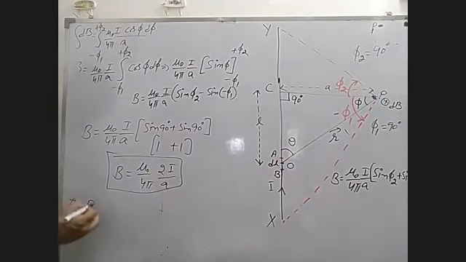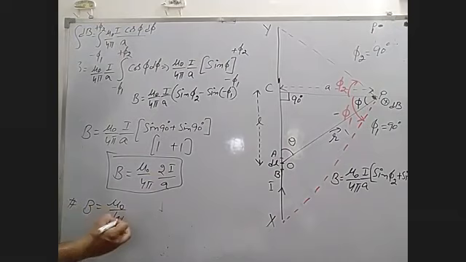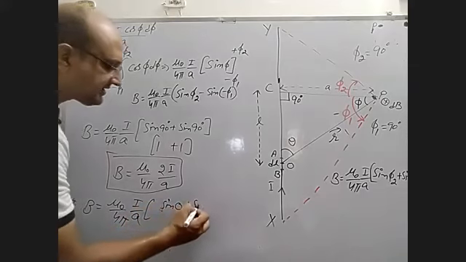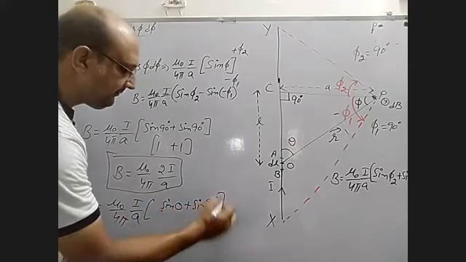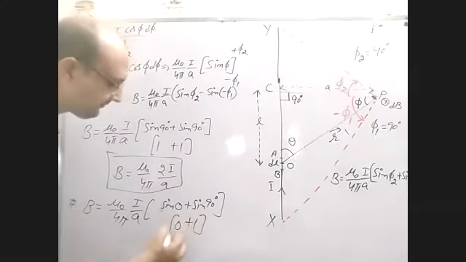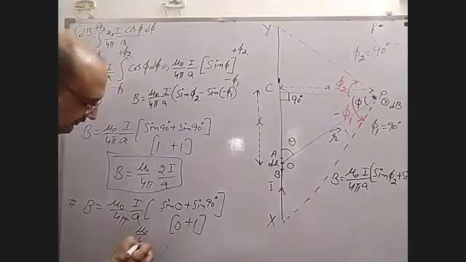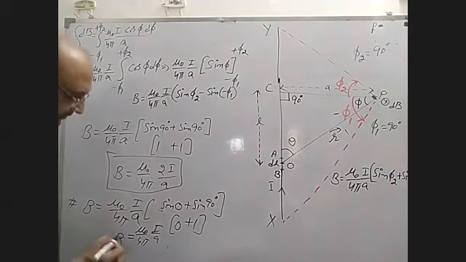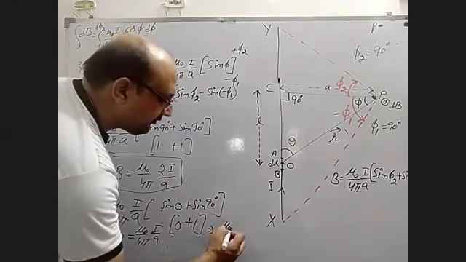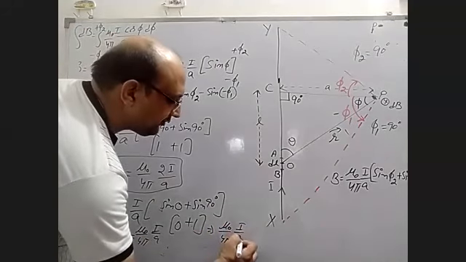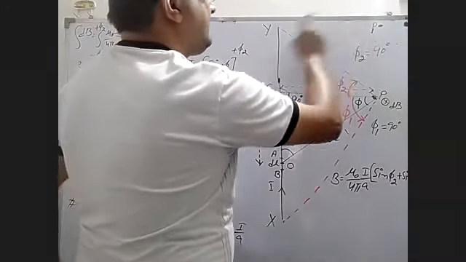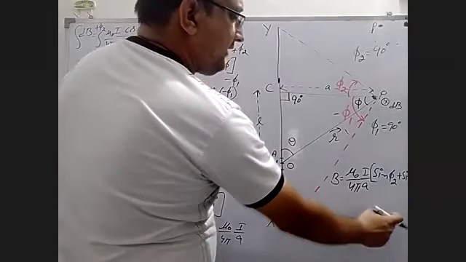B is equal to mu naught upon 4 pi I upon A, sin 0 plus sin 90, 0 plus 1, and you will get mu naught upon 4 pi I upon A. Whether it is there or there, no difference, in front of y or in front of x.